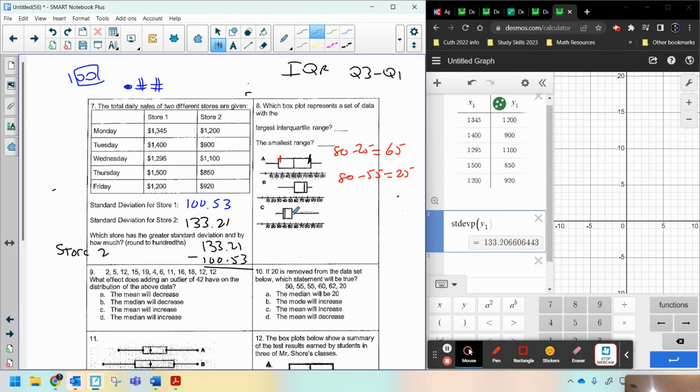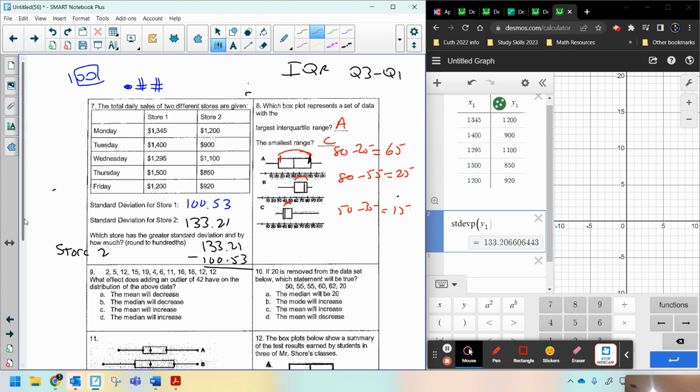And the last one, it looks like it's going to be 50 minus, let's say 35, and that's going to be 15. All right, so the largest interquartile range was A, and the smallest interquartile range was C. And you can kind of tell how far these boxes are. They're a lot further apart than these boxes here. And these boxes are the closest over there.